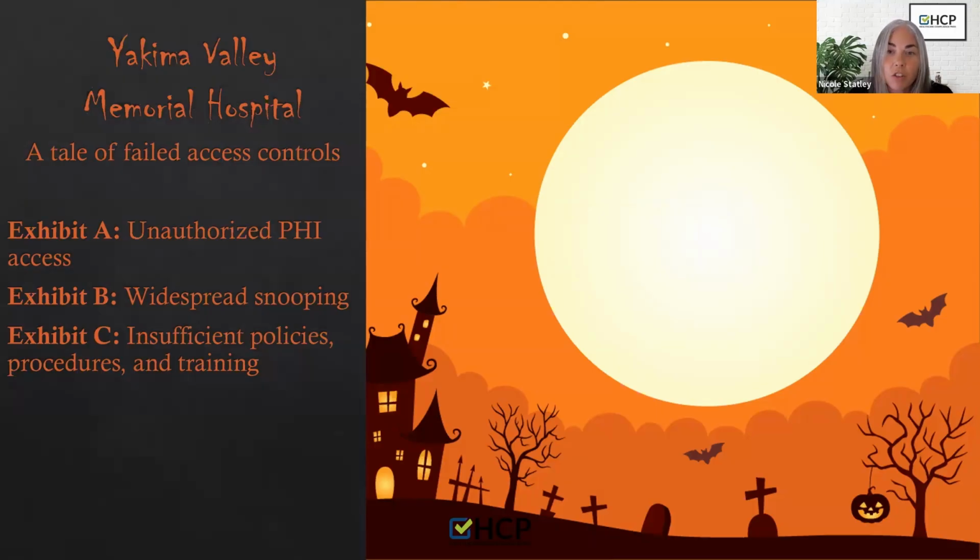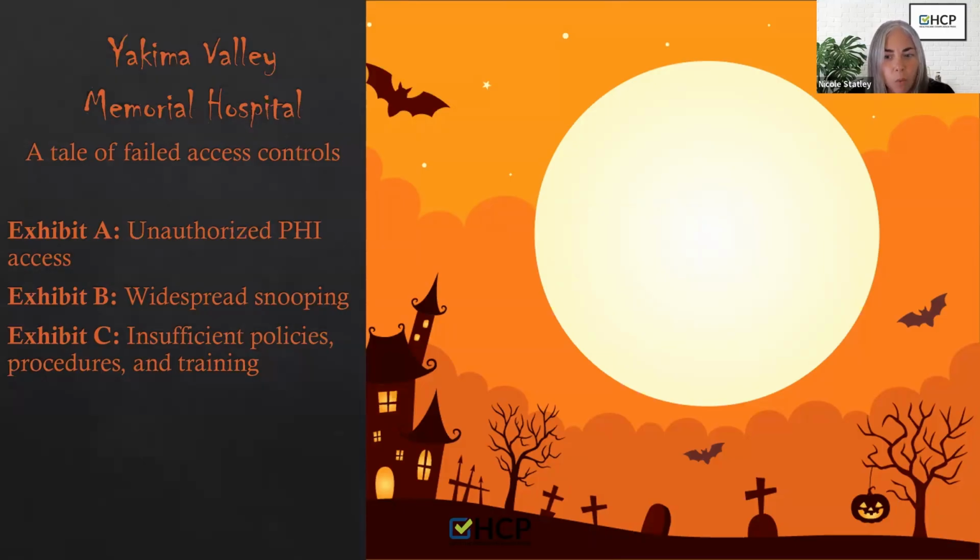Yes, it is a direct violation of the HIPAA privacy and security rules for unauthorized persons to have access to PHI. The horrors continued when the OCR discovered that widespread snooping was occurring by the hospital staff. This nonprofit had to fork over $240,000 and be monitored by OCR for 2 years because of the snooping.